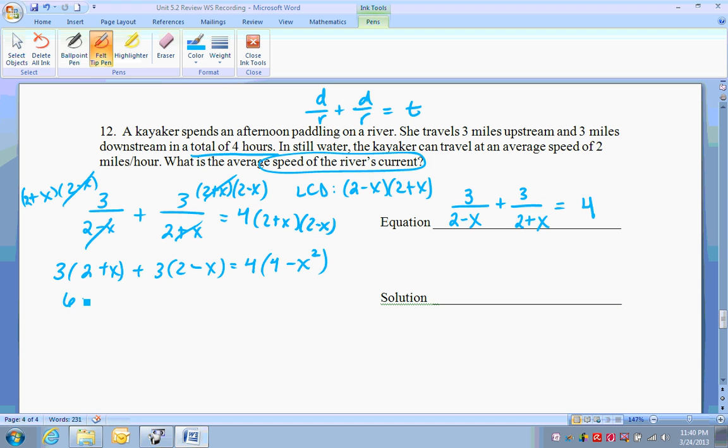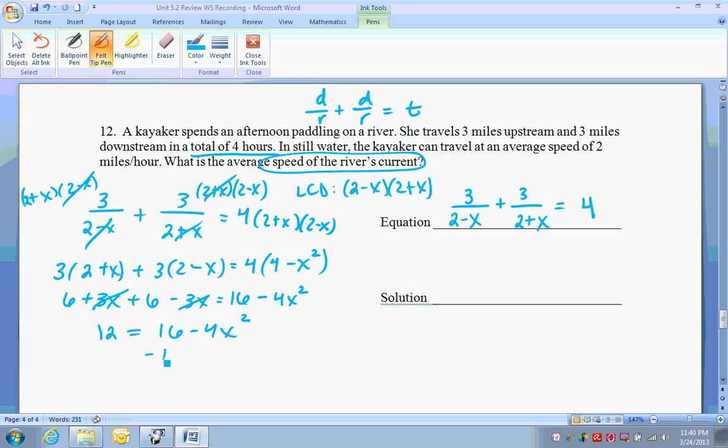Distribute and you get 6 plus 3X plus 6 minus 3X equals 16 minus 4X squared. Combine like terms and you get 12, those 3x's cancel out, equals 16 minus 4x squared.